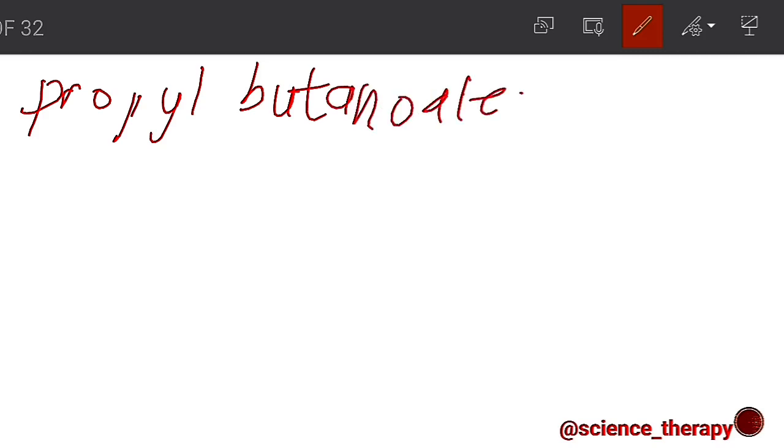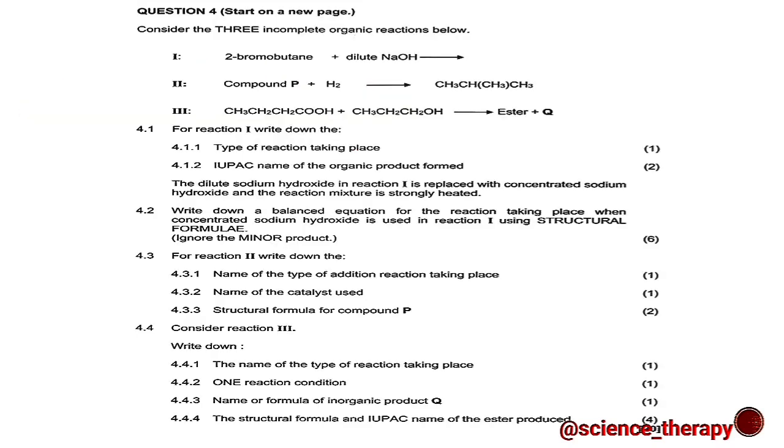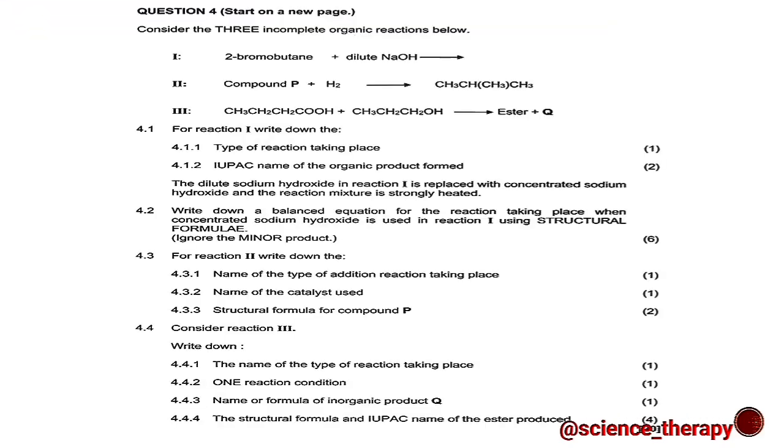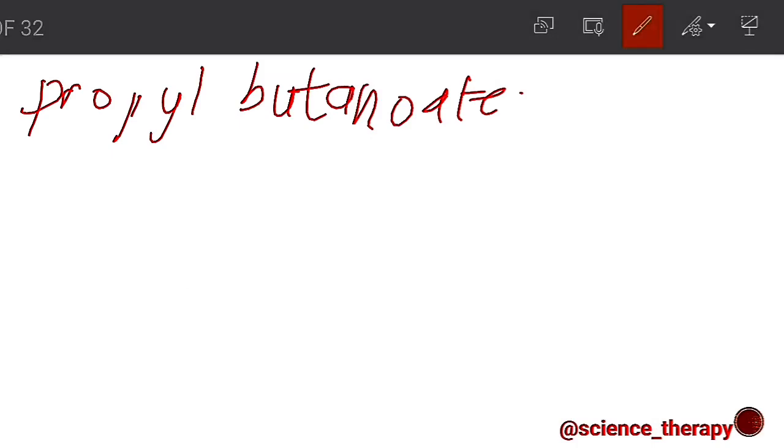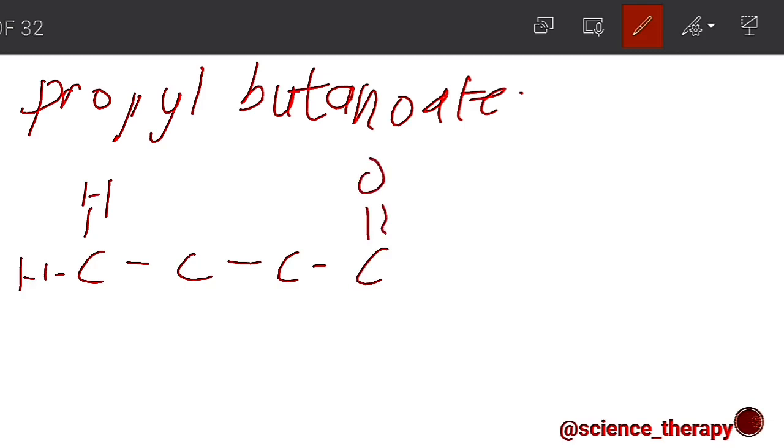Now let's draw that. How do we draw propyl butanoate? Let's start with the butanoate side like they did. So this is 4, like that.